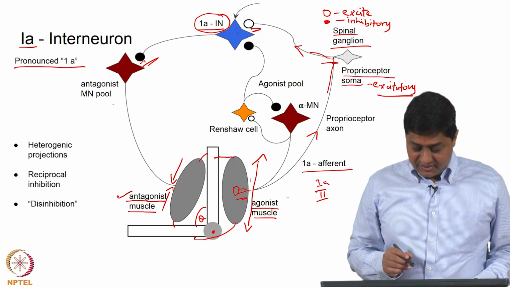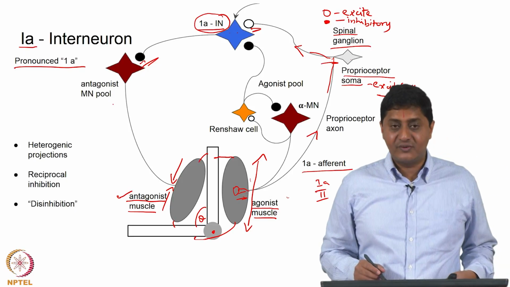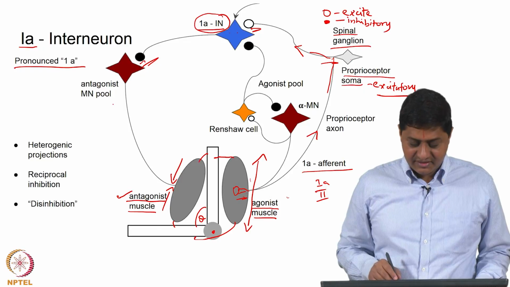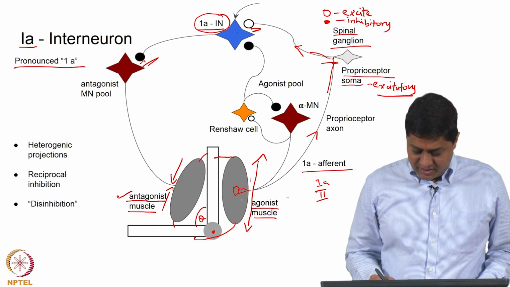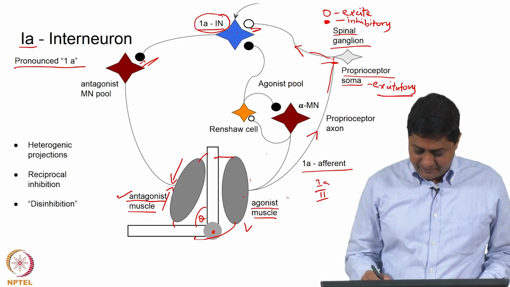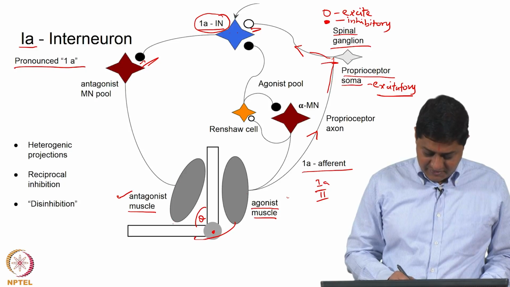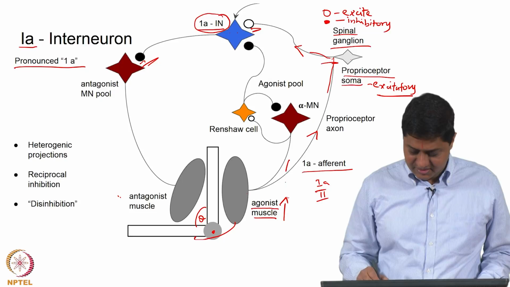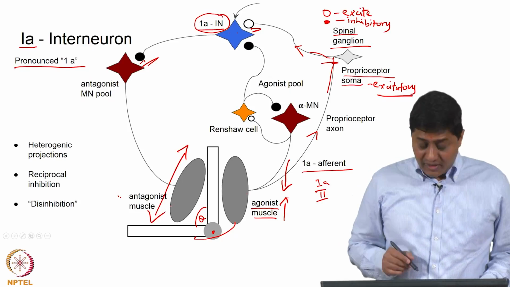Also, we must realize one more thing. What is not shown in this picture, just to prevent the complications that might arise, is the following. Let us suppose the opposite is happening. Let us suppose that it is the agonist muscle that is contracting. In other words, that muscle is reducing in its length, that muscle is getting stretched. Then what will happen?